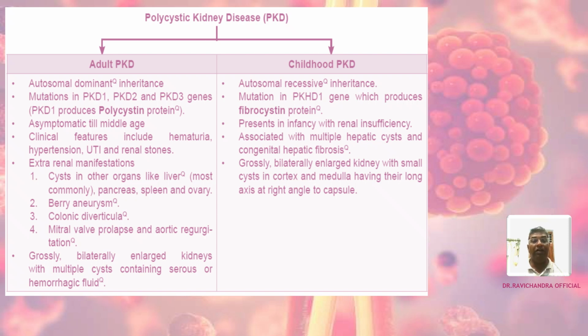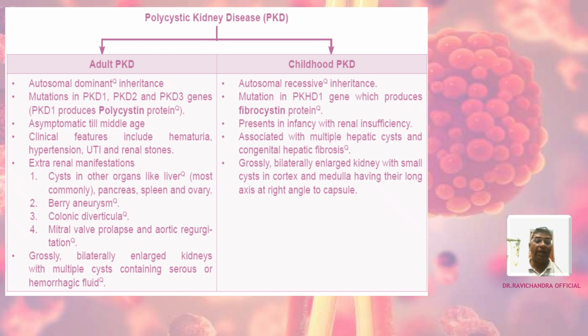Mutations in the PKD1 and PKD2 genes, which encode polycystin protein, are the cause for adult PKD, whereas mutations in PKHD1, which produces fibrocystin protein, are the cause for childhood PKD. Adult PKD is asymptomatic till middle age, whereas childhood PKD is present in infancy with renal insufficiency.